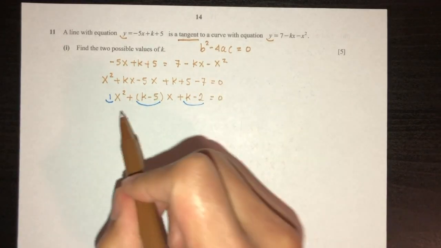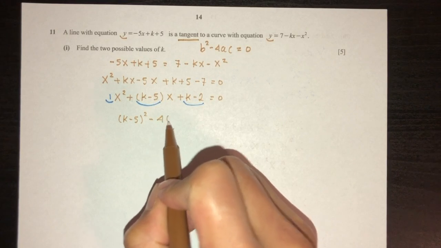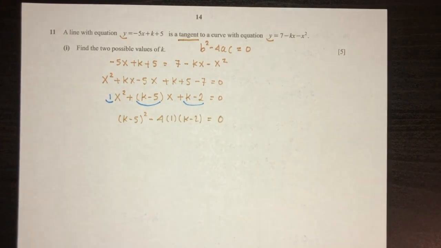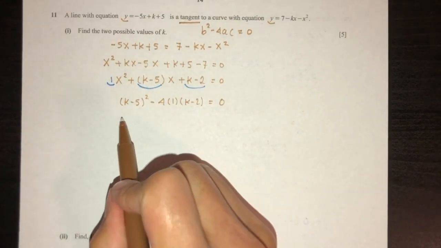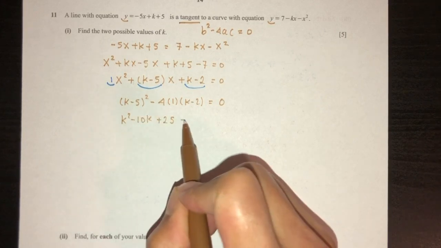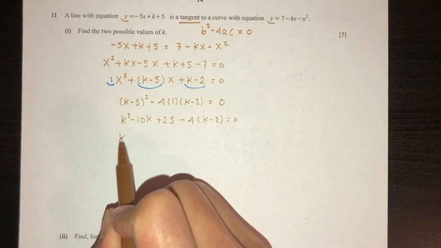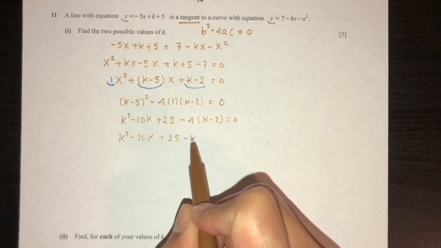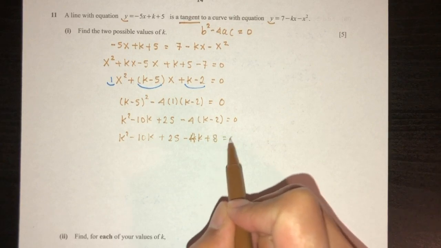So we know that b squared minus 4ac, so k minus 5 squared minus 4 times a times c, which is k minus 2, has to be 0, according to the information given to us. Now we have to solve this. That will become k squared minus 10k plus 25 minus 4 times k minus 2. Simplify again, you will have k squared minus 10k plus 25 minus 4k plus 8 has to be 0.